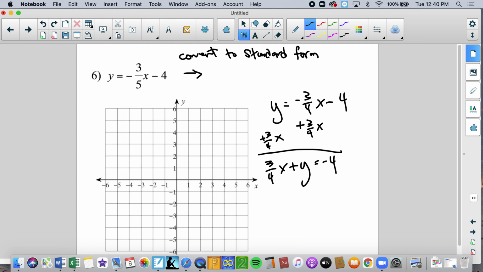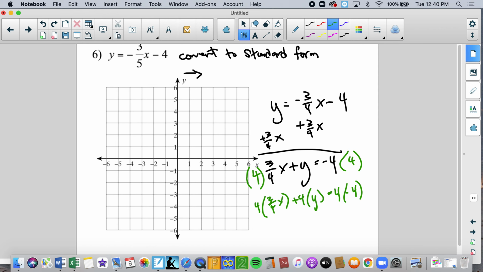So how can I get rid of that fraction? Well, we know how to get rid of fractions in equations by multiplying by the LCM. What is the multiple of the denominators? 4, 1, and 1. So we multiply everything times 4. 4 times 3/4 x plus 4 times y equals 4 times negative 4.